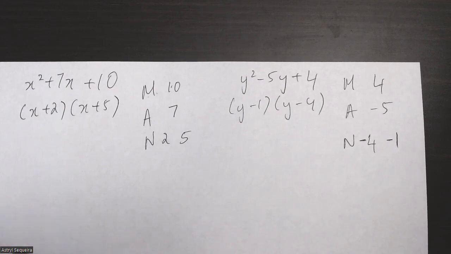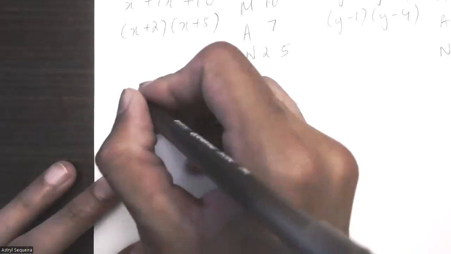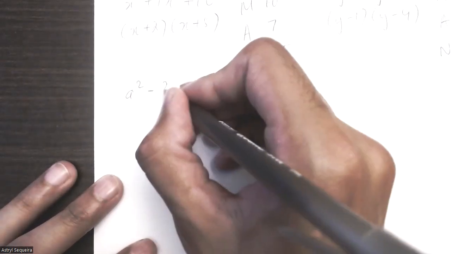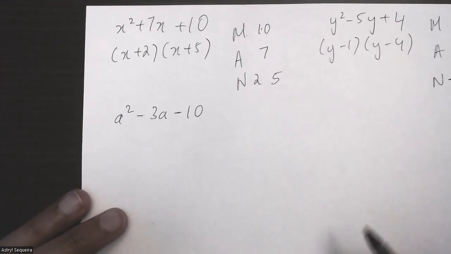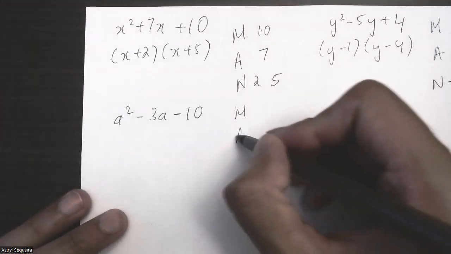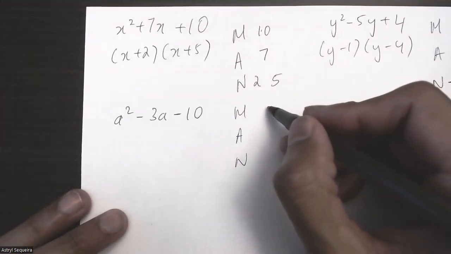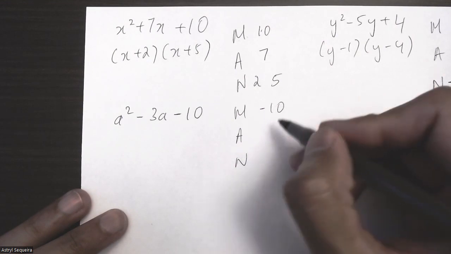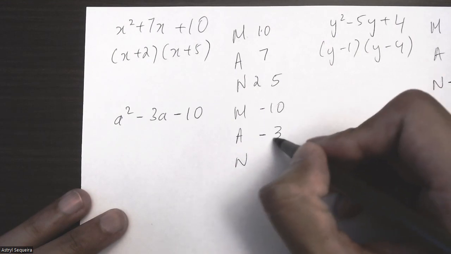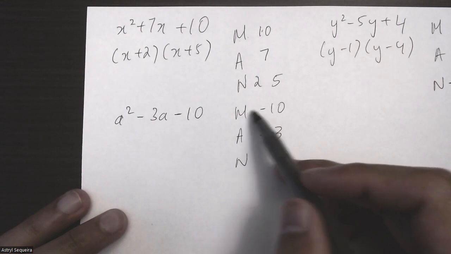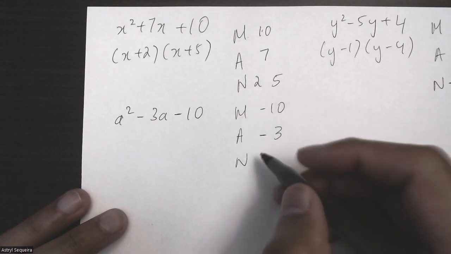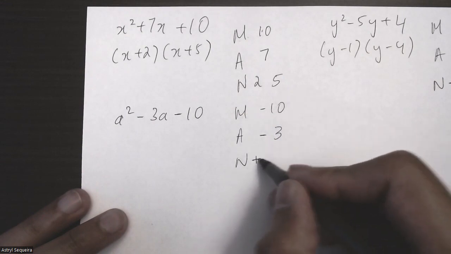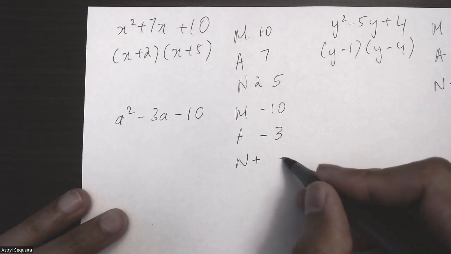Okay, sometimes you can also get a mix. For example, you can get a squared minus 3a minus 10. So now we have both of them as negative signs. I'll do this again. My multiplication is now negative 10. My addition is negative 3. And if I want to multiply to get a negative number, I know that one number has to be positive and the other has to be negative.